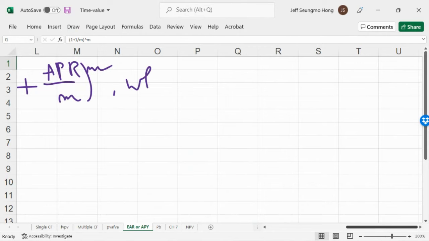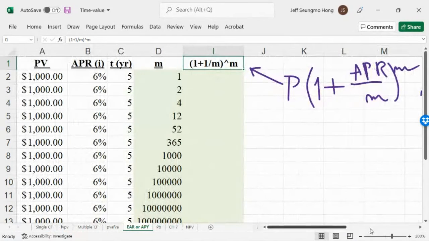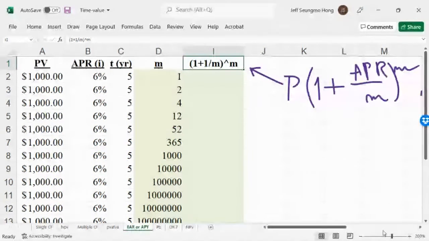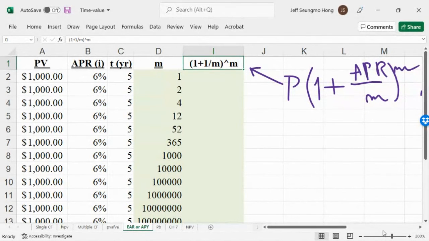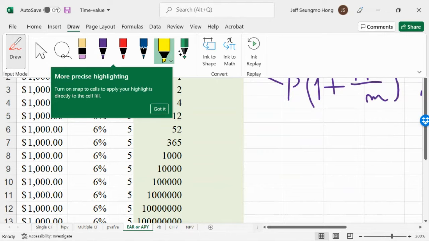If it is 1 year, we don't have to bother with it. So just, what's going to happen to this multiplier or compounding factor?